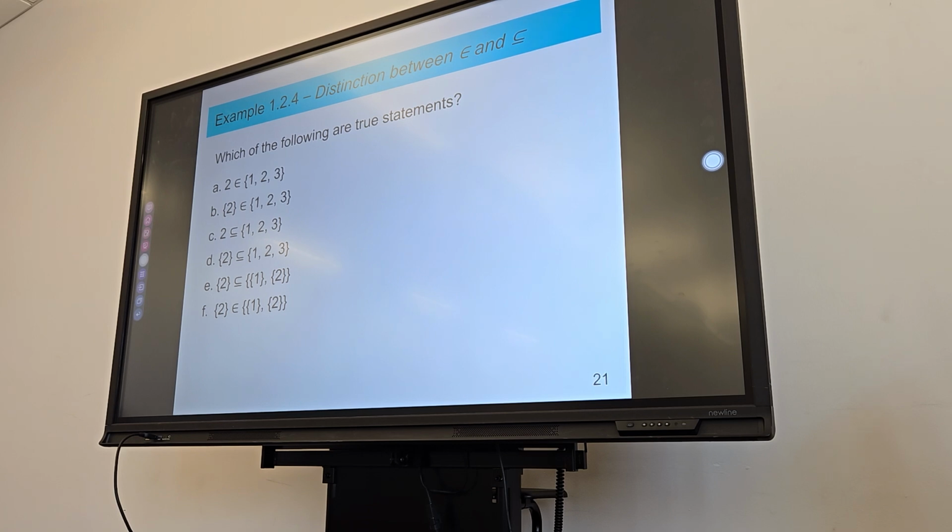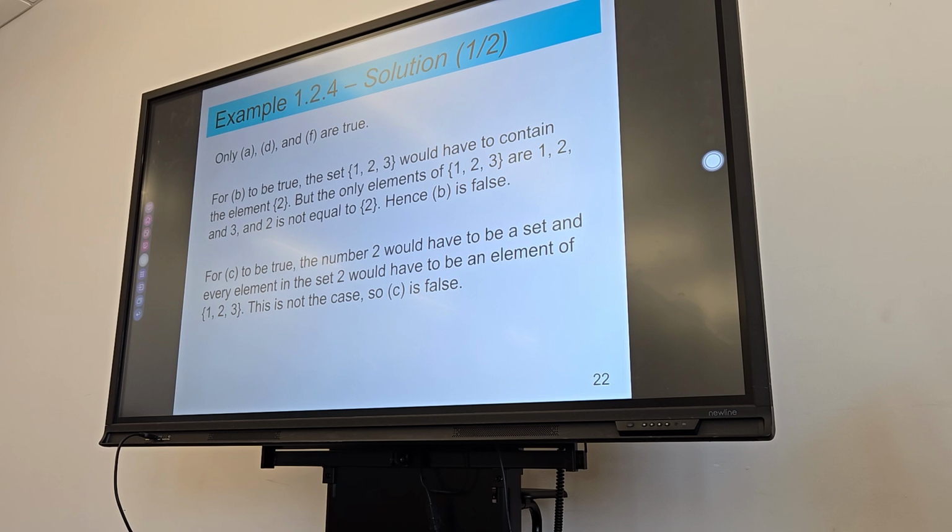The set with the element of 2 is an element of the set 1, 2, and 3. No, because the second set does not contain a set within it as an element, which would then make it true.